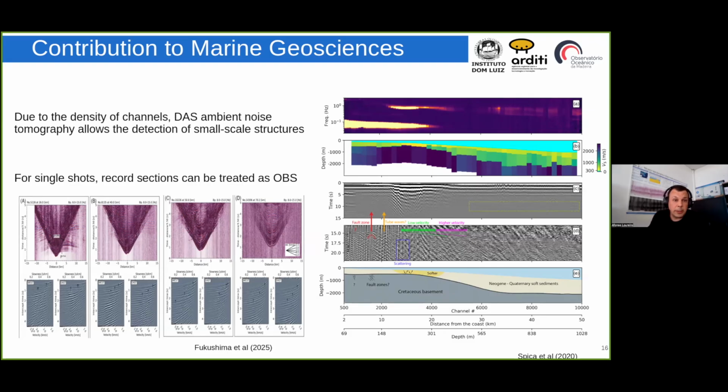And if we use air guns or other active sources, we can also treat DAS records as OBS sections and process them in roughly the same way. We still have problems with amplitudes, but in terms of travel times, they are perfectly in sync and with better clocks than any instrument that we deploy in the ocean.